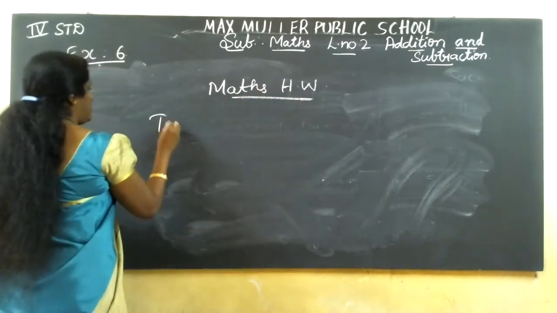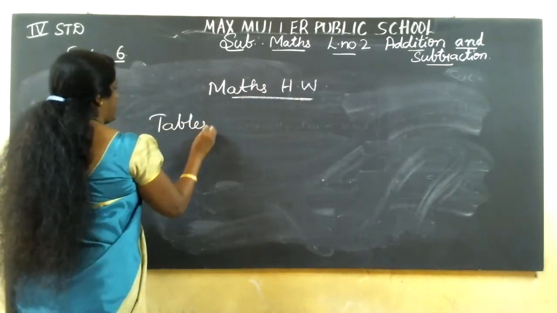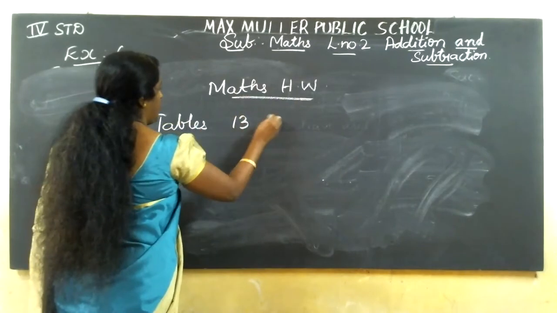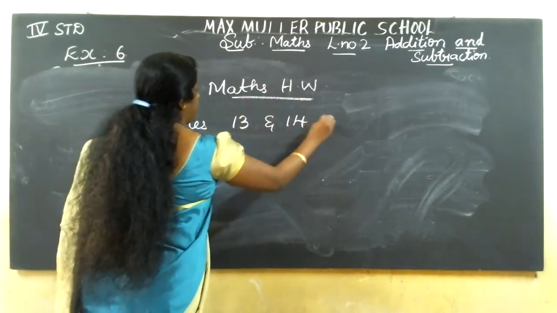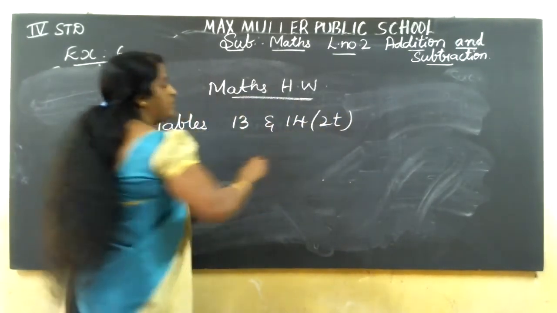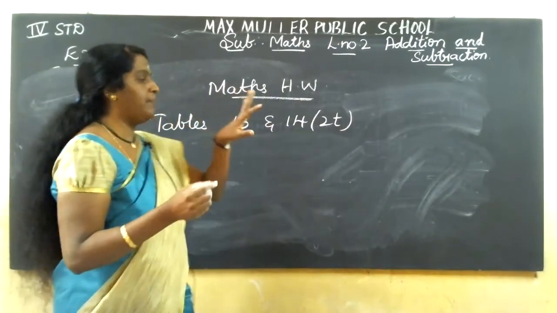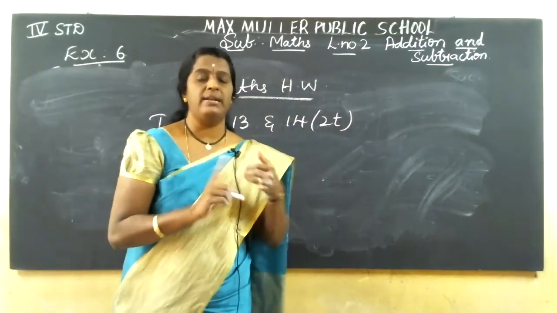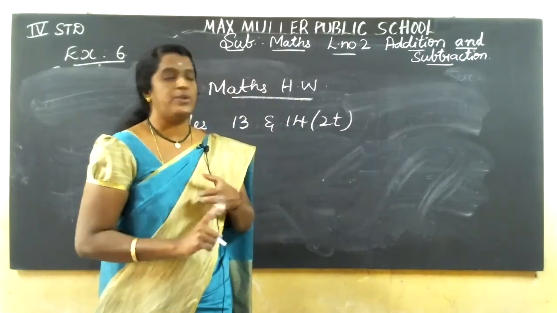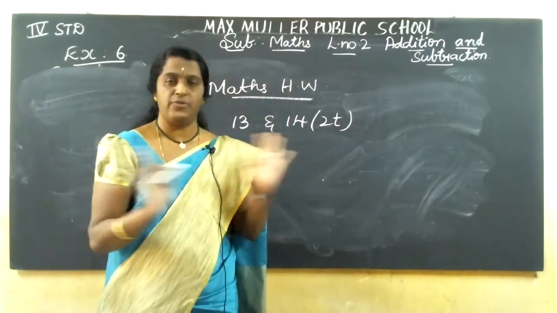Maths homework: tables 13 and 14, 2 times. You have to learn. See here, I completed my lesson number 1, large numbers, and lesson number 2, addition and subtraction. I have completed the full portion.